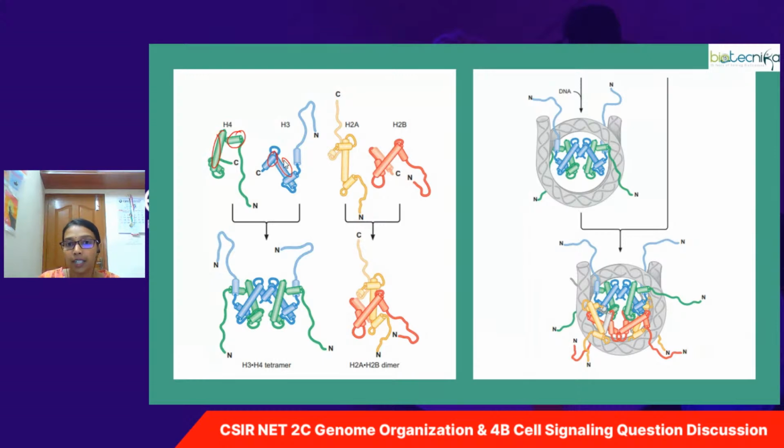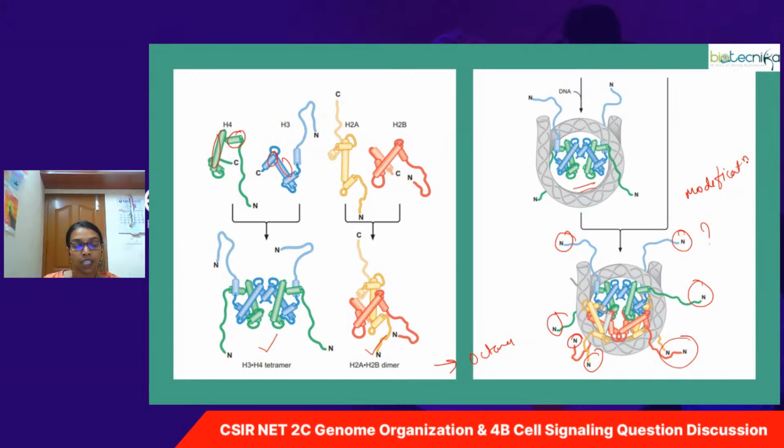They help in accumulating the histones together. If you look at this image, initially the H3-H4 tetramer will come, then the H2A-H2B dimers will come. So together what are you going to get? You are going to get an octamer. You can see that everywhere the N terminal is given outside. Why is this N terminal given outside? Any specific reason? Because in this protein, it is the N terminal which undergoes modifications.